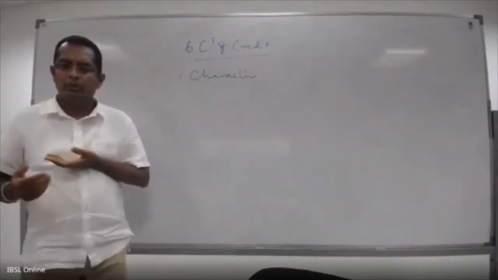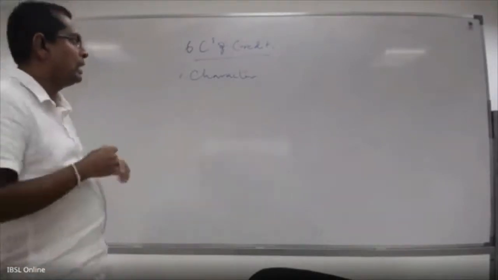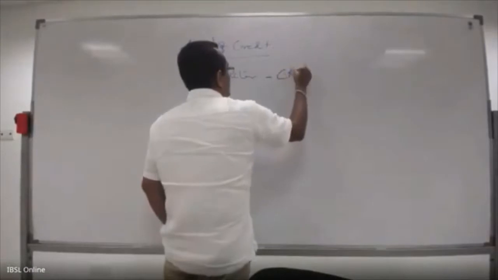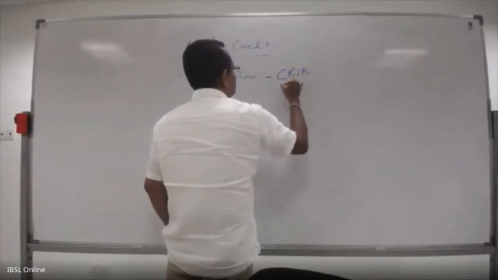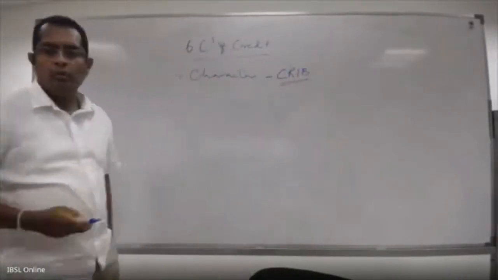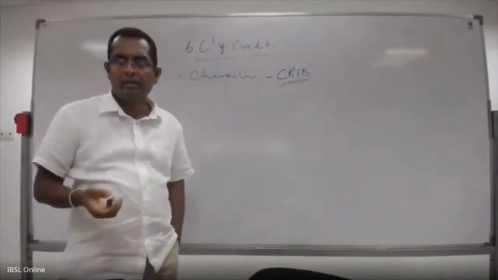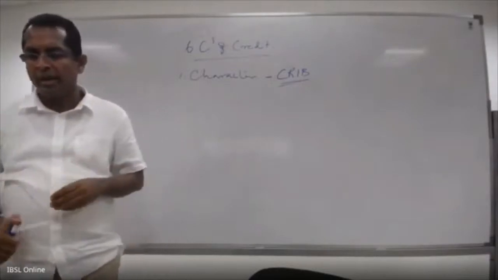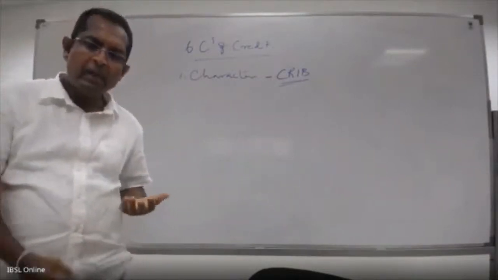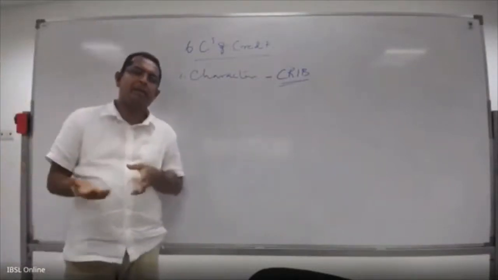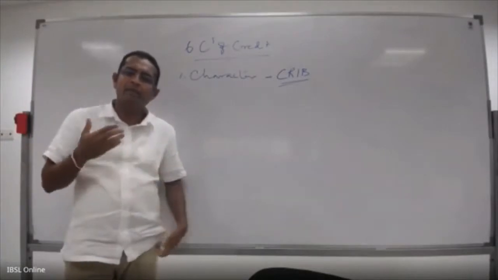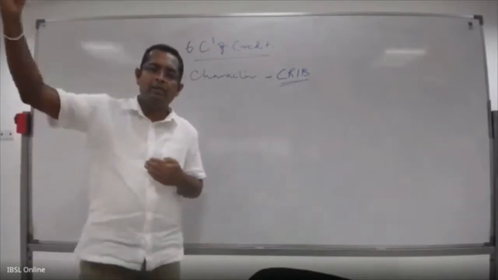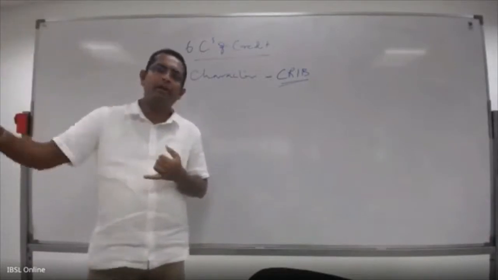So in order to find out the character of a customer, we use CRIB, right? I think everyone knows what CRIB is. That is the Credit Information Bureau of Sri Lanka, where any loan goes and registers. So when the customer repays or does not repay, on a monthly basis, we register his repayment on the CRIB.